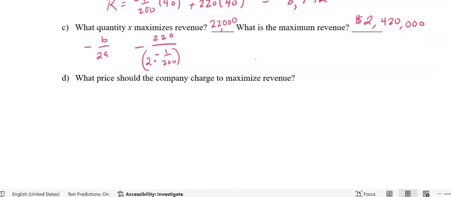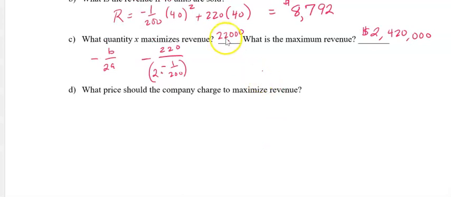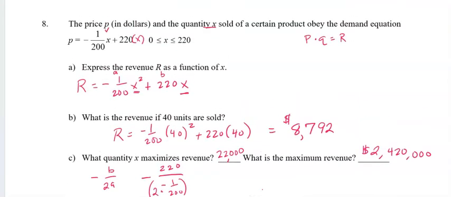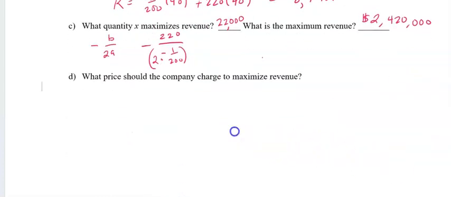What price should the company charge to maximize revenue? So we're going to take our quantity that we came up with that maximizes revenue, and we're going to plug that into this price function that we were given in the problem up above. So basically, we're taking the 22,000, that's the max quantity, and we're going to replace X with that number. All right, so plugging into our function.